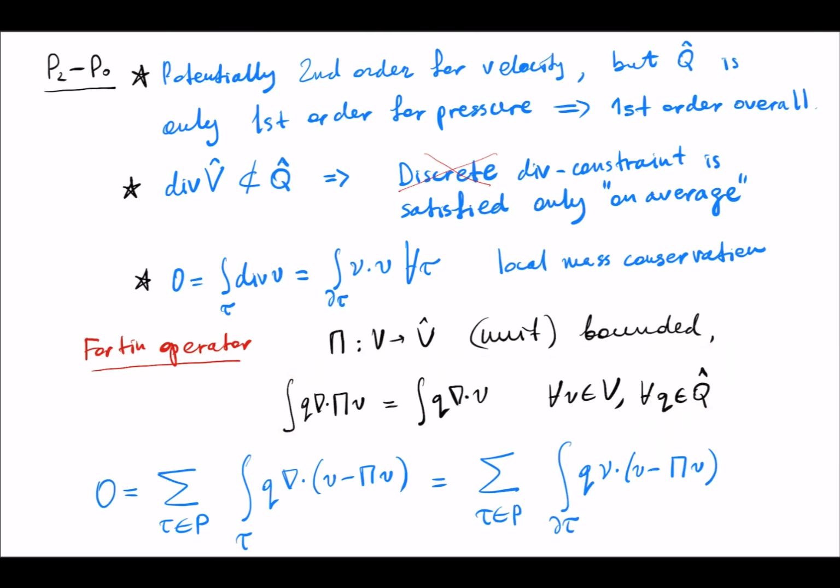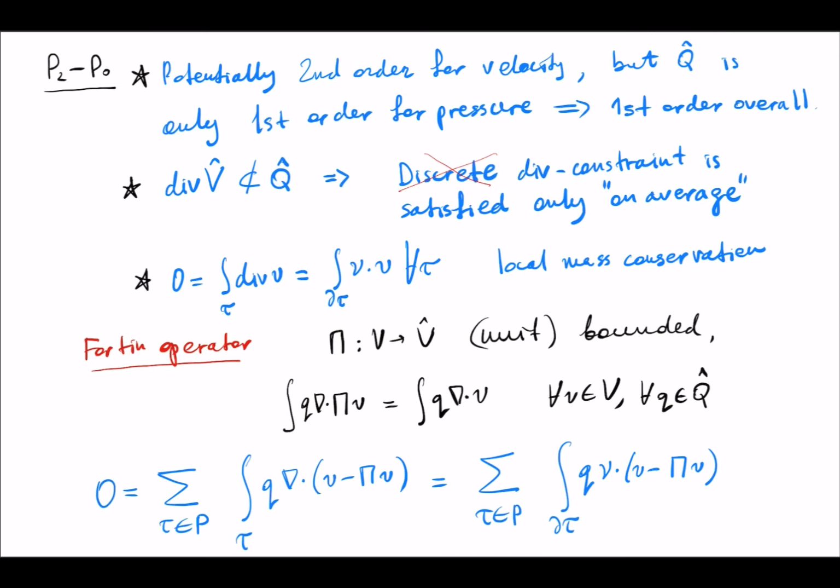So let's put everything on one side and write that condition this way: Q integrated against the divergence of v minus pi v, and we also split the integral over the triangles. Then we do integration by parts.